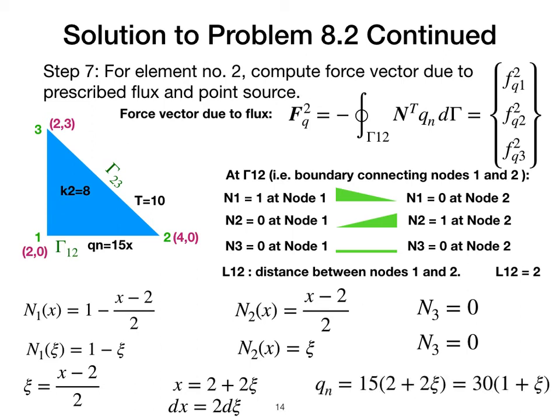So qn can be also transformed. Now qn as a function of xi can be given as qn equal to 15 times x, that is qn equal to 15 times (2 plus 2 xi) equal to 30 times (1 plus xi).